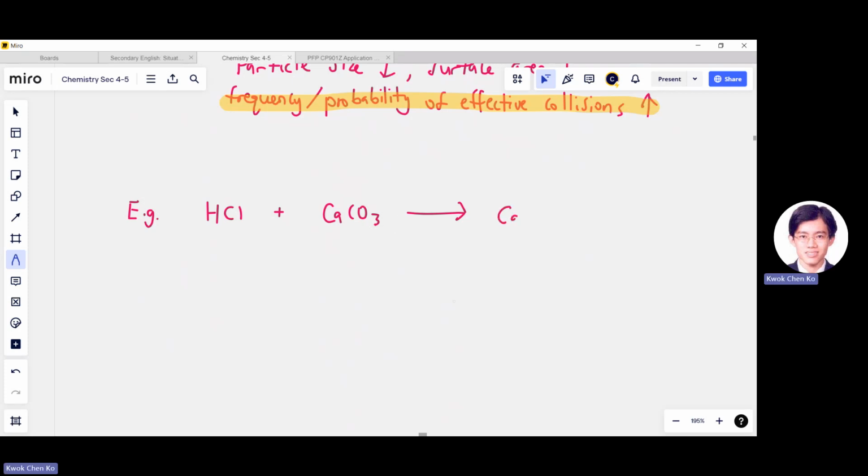Hopefully no one has forgotten. Calcium is still class, yes. Include state symbols.